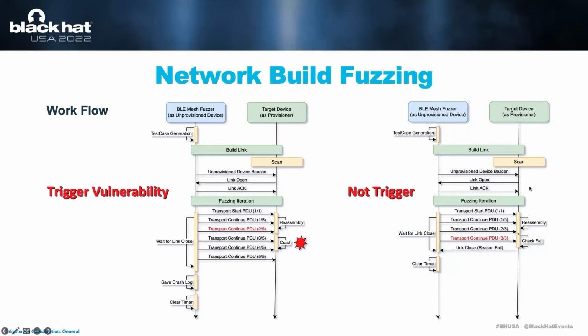Well, the second diagram shows the case that does not trigger a vulnerability. Assuming that this segmented packet is determined as invalid by the target device and causes a check failure, and the target device sends the link close to the fuzzer due to the check failure, then the fuzzer knows that this fuzzing loop has failed, so it just resets the timer and starts the next fuzzing loop.